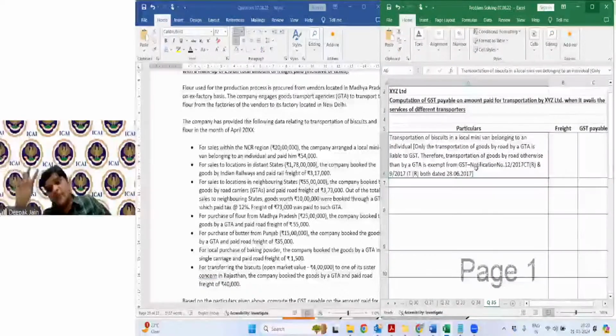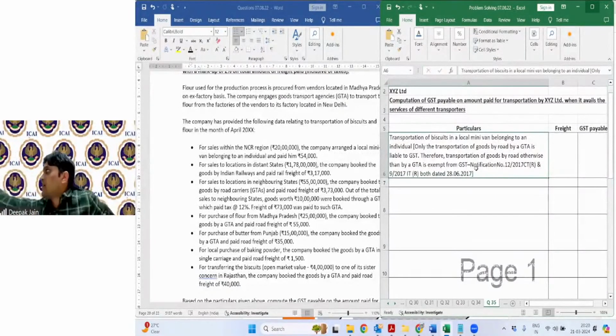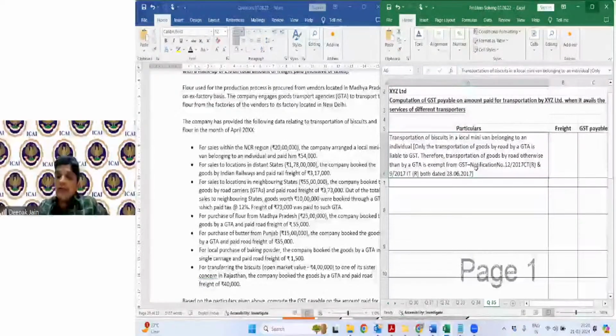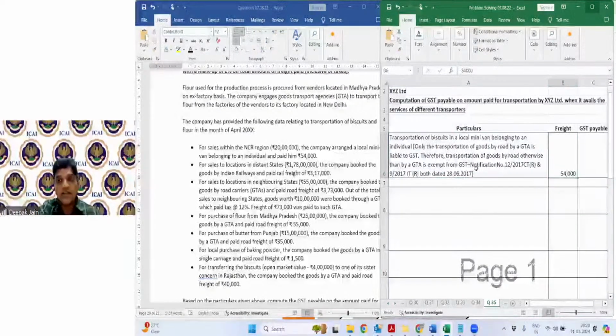So GST will be payable only on GTA. Other than GTA, if there is any supply, then it is not liable to tax. It is exempt. Transportation of goods by an individual is exempted. On this freight, GST payable is nil. Okay.